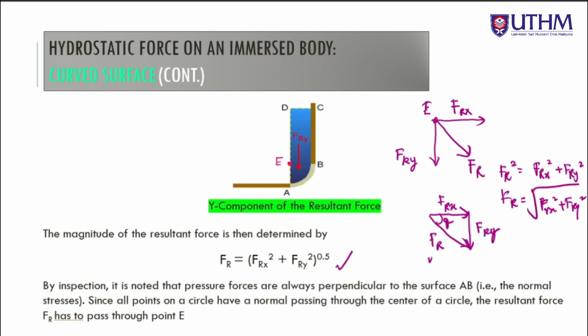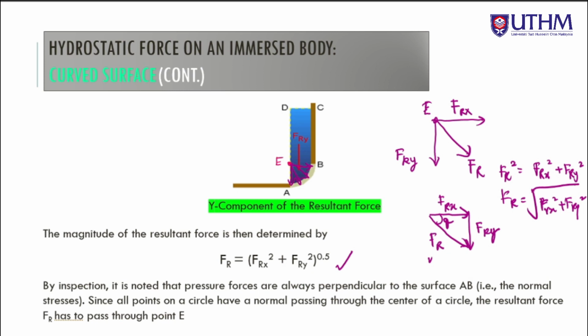Okay, by inspection, it is noted that pressure forces are always perpendicular to the surface AB kan. So kalau kita tengok kan, semua akan perpendicular kepada surface AB. Okay, dia akan bertindak perpendicular.